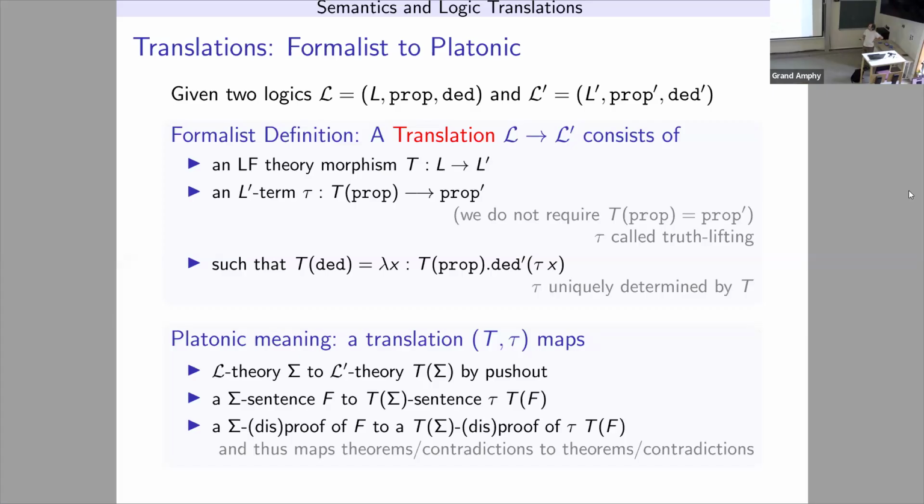This induces then platonically the theory P of sigma that translates the syntactic theory by pushout into the semantic language. We get a sentence translation just by applying the morphism, and we get translated proofs and disproofs.